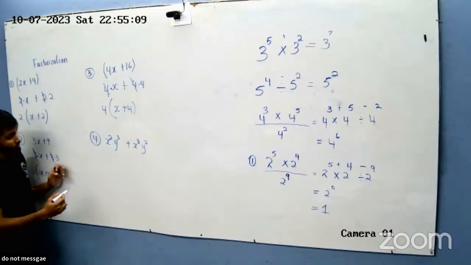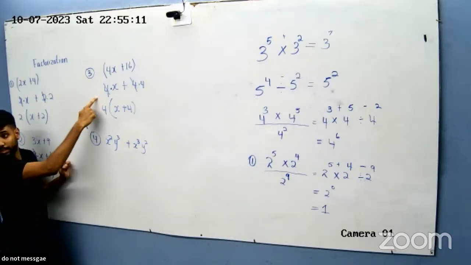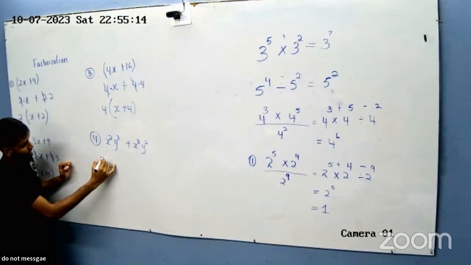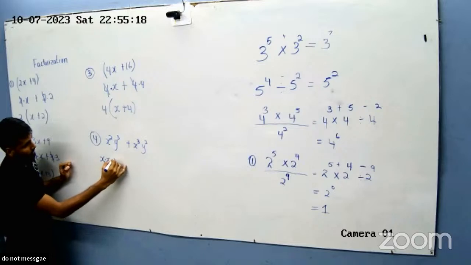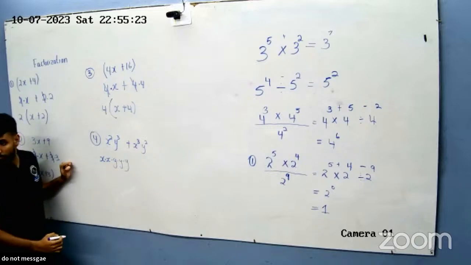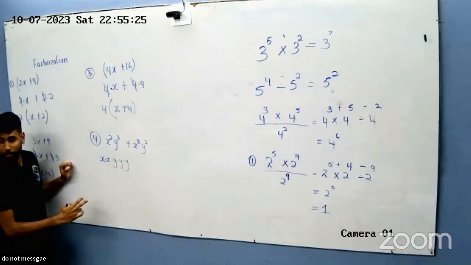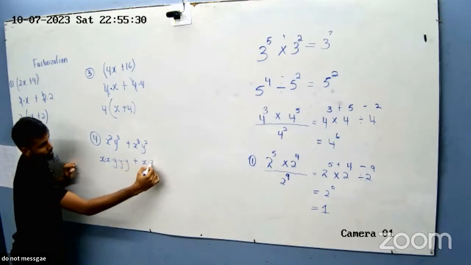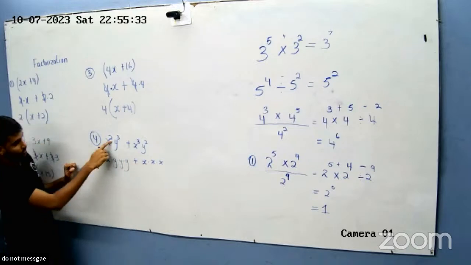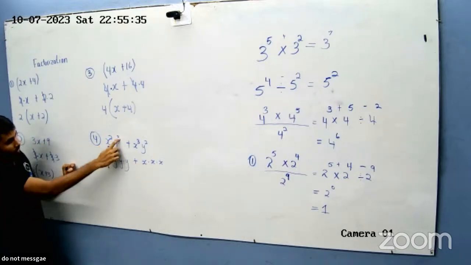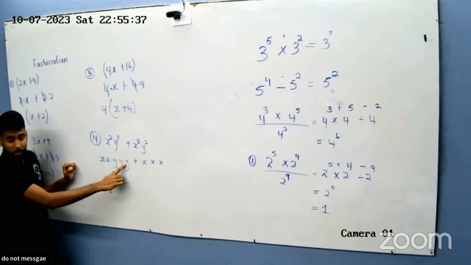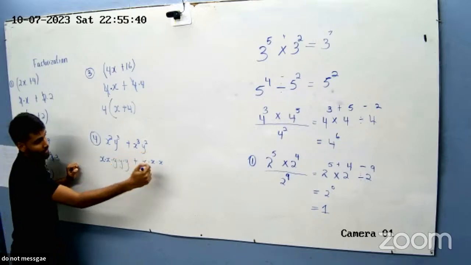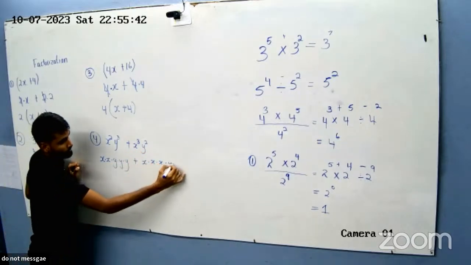All right? So we expand it all like this, right? x multiplied by x multiplied by y multiplied by y multiplied by y. You'll understand that, right? Plus x multiplied by x multiplied. This number here will tell you how many x's to put, and this number here will tell you how many y's to put, right? Same thing here, how many x's to put and how many y's to put.